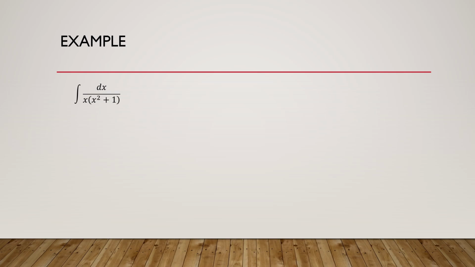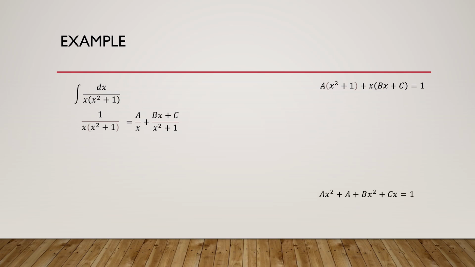As an example, let's solve the integral dx over x times the quantity of x squared plus 1. We first deconstruct the integrand by making it equal to A over x plus (Bx plus C) over (x squared plus 1). Multiply through the common denominator to get A times (x squared plus 1) plus x times (Bx plus C) equals 1.